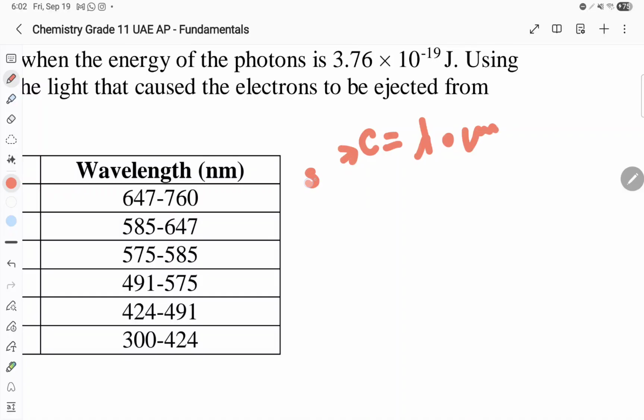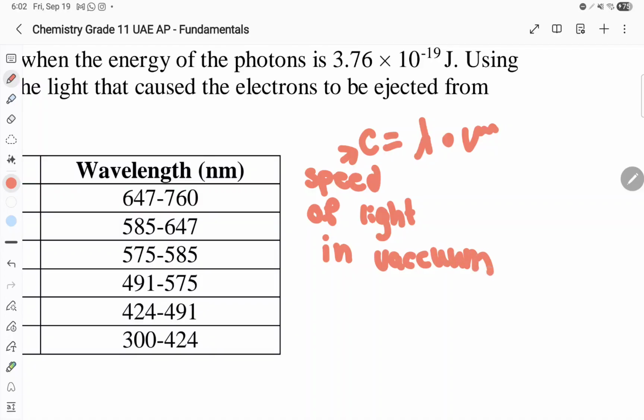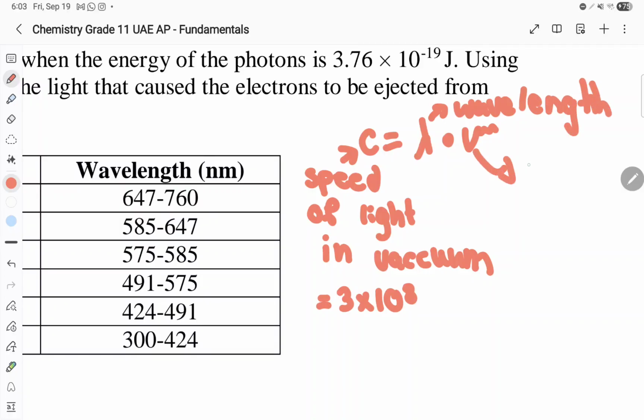C is the speed of light in vacuum, and it is always equal to 3 times 10 power 8 or 2.99 times 10 power 8, depending on what they give you. Lambda is the wavelength, and nu is the frequency.